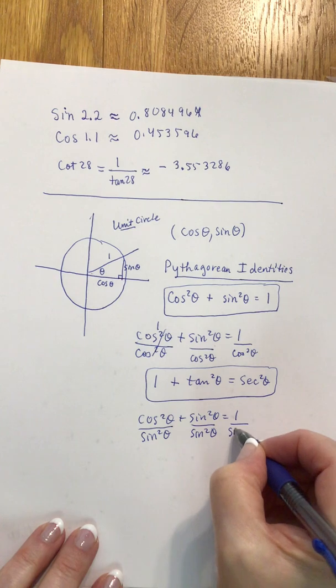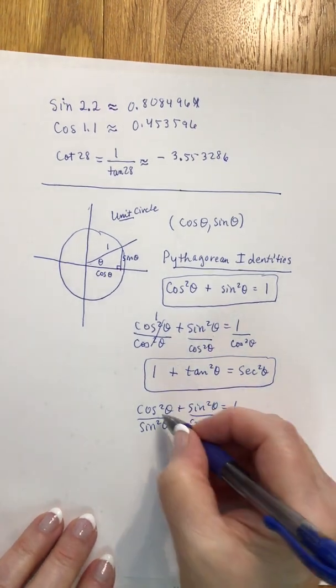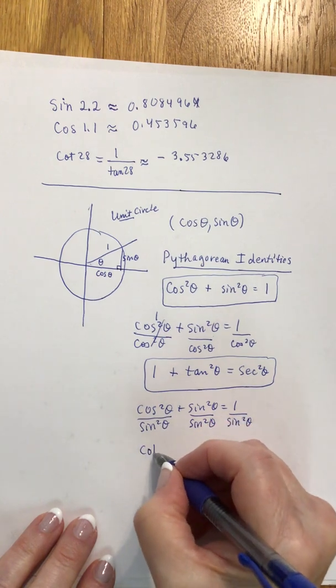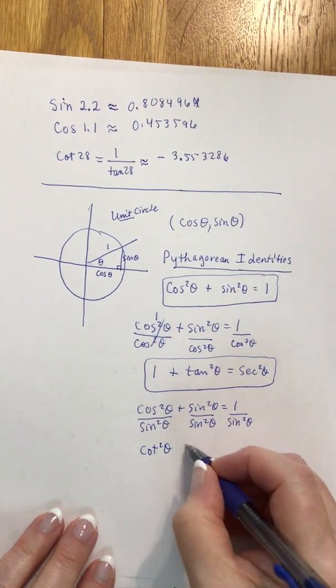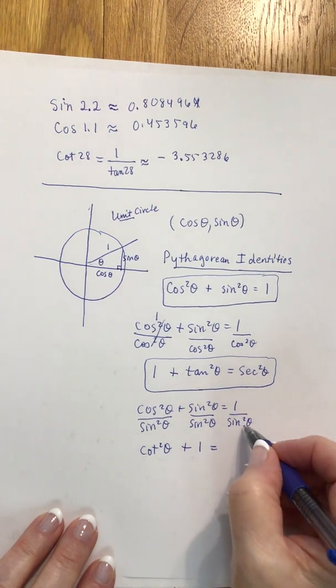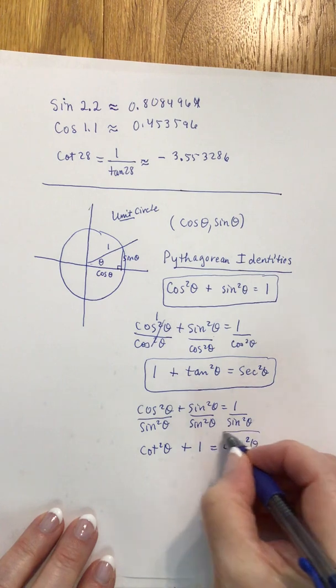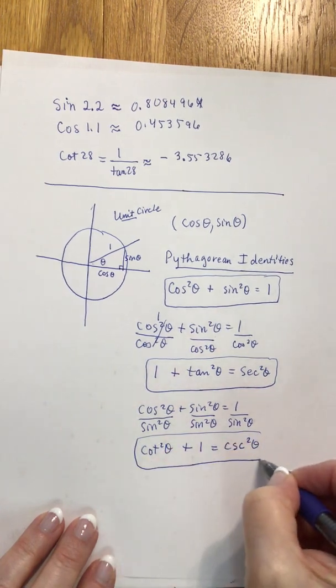As long as we do it all the way across, it's still going to be an equivalent expression. So cosine over sine gives me cotangent squared theta. Sine divided by sine gives me 1. 1 over sine squared gives me cosecant squared theta. And there are my 3 Pythagorean identities.